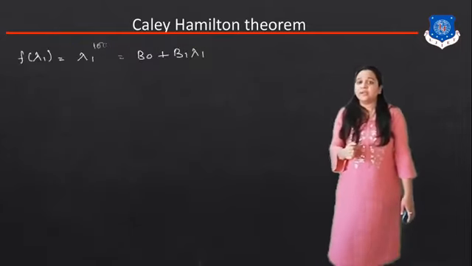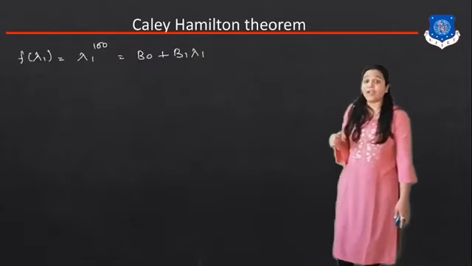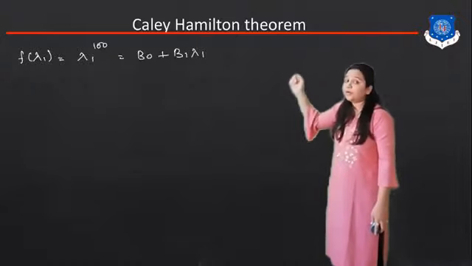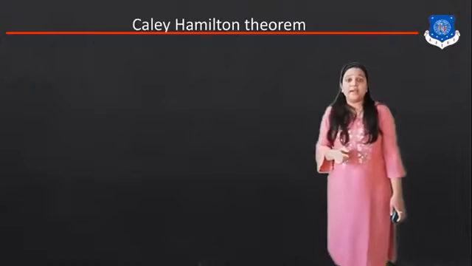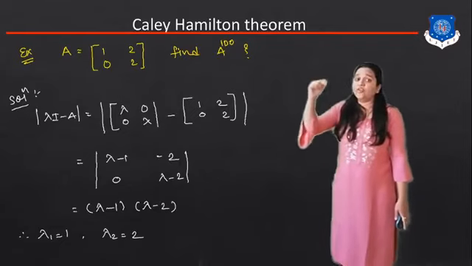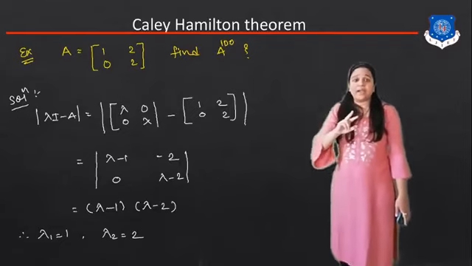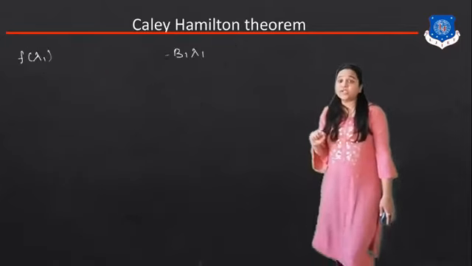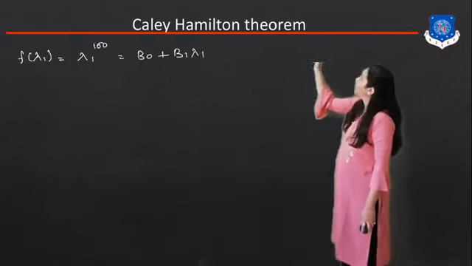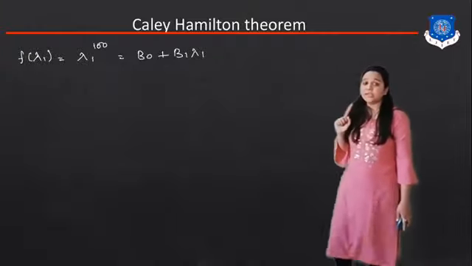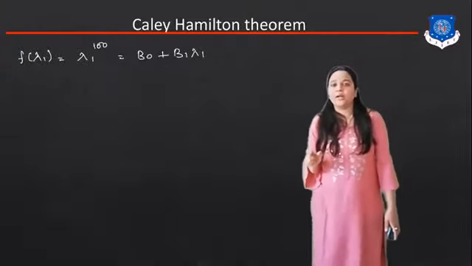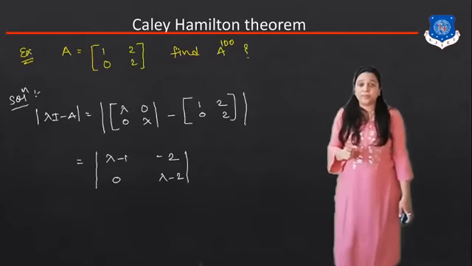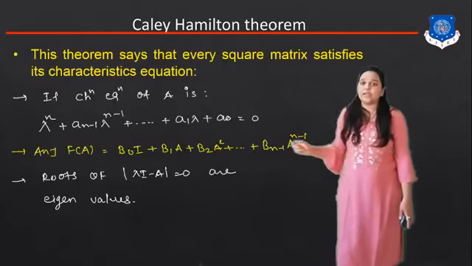Next we have to find f of lambda 1, which is lambda 1 raised to 100. Here we have two values, lambda 1 and lambda 2. So the function of lambda 1, lambda 1 raised to 100, is equal to b0 plus b1 lambda 1. This equation comes from the characteristic equation.